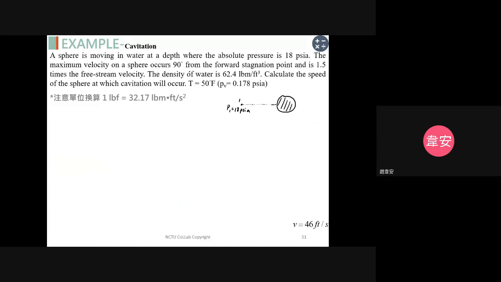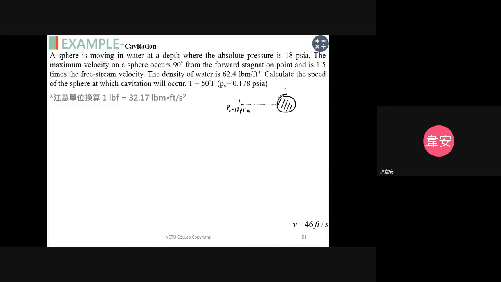We know that here is a stagnation point, and the maximum velocity will be on a sphere across 90 degrees. That means the streamline goes along the particle surface until here.